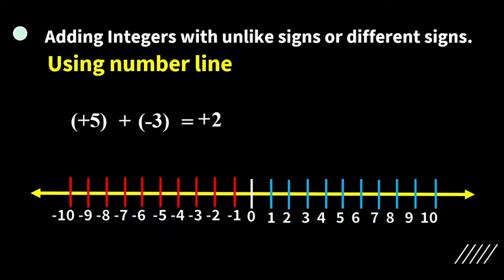How about this one? Negative 7 plus positive 9. Let's plot negative 7 in the number line. Since we are adding positive 9 and positive numbers are going to the right side of the number line, we will be moving 9 units to the right side of negative 7.